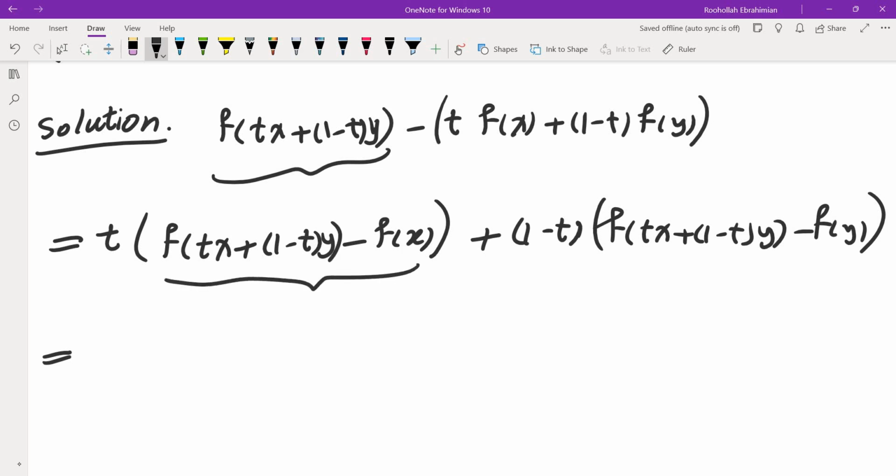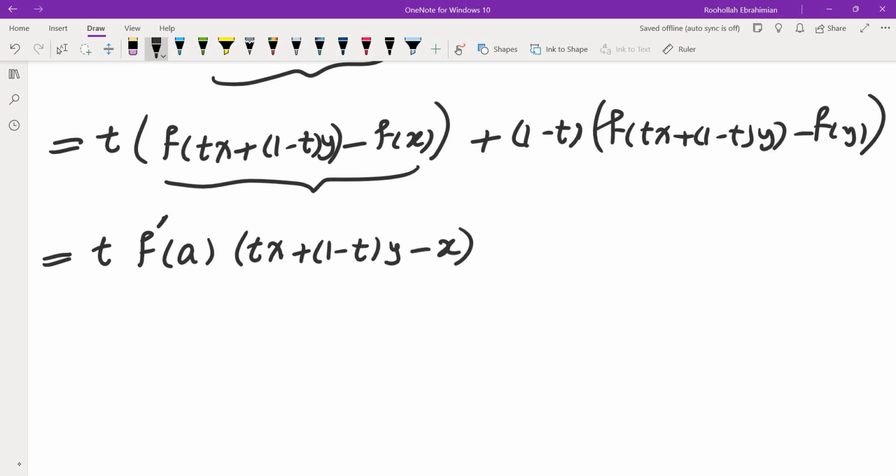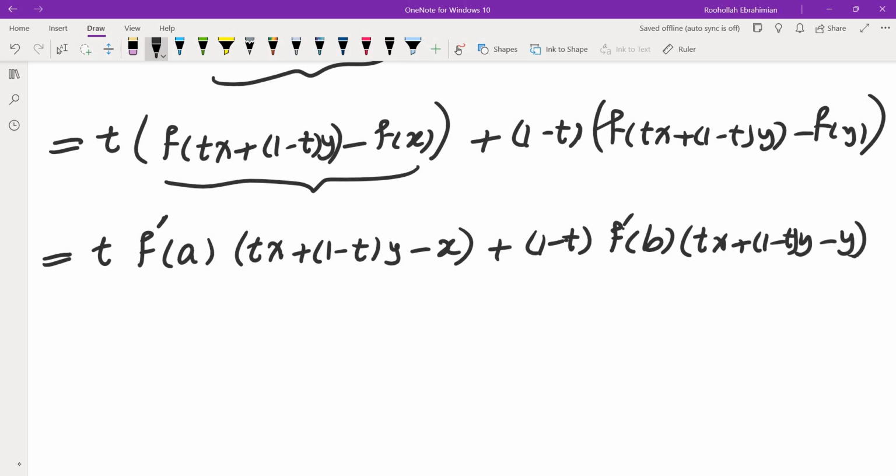So this expression is equal to f prime of some a, where a is between x and tx + (1-t)y, times tx + (1-t)y minus x, minus (1-t) times f prime of some b, times y minus tx + (1-t)y.